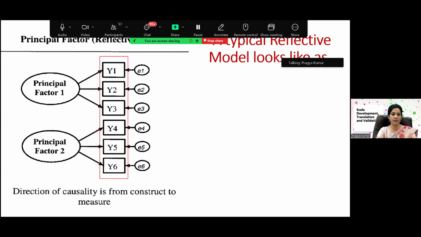This is the direction of the arrow. These items, y1 to y3, are getting affected by principal factor 1, and y4 to y6 by principal factor 2. So the direction of causality is from the construct to the measure, and this is known as the typical reflective model.